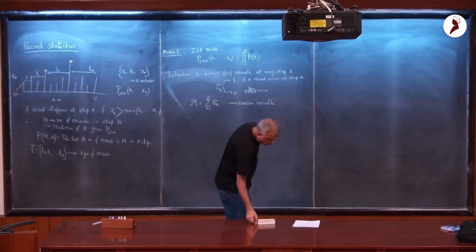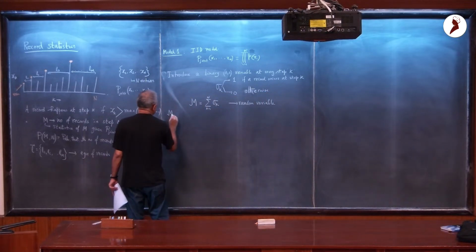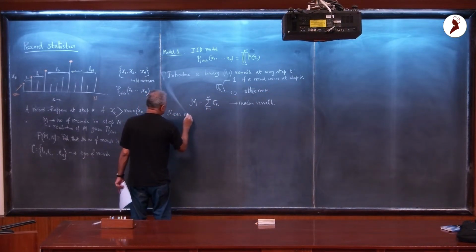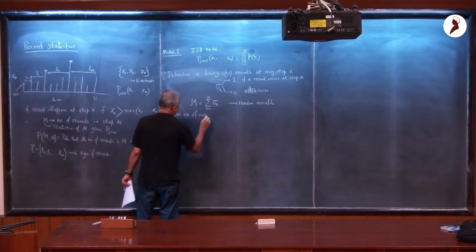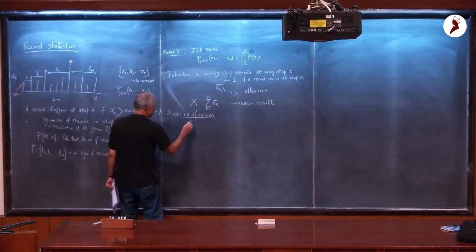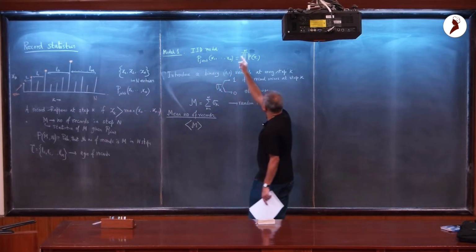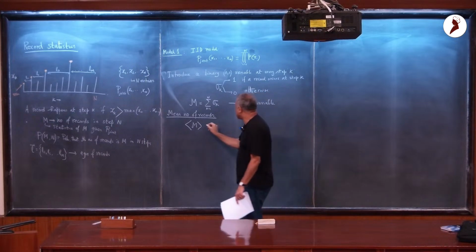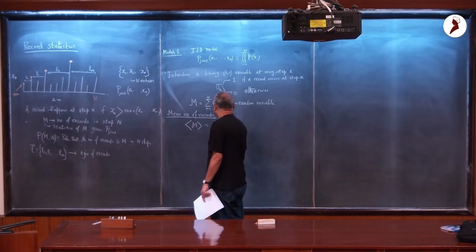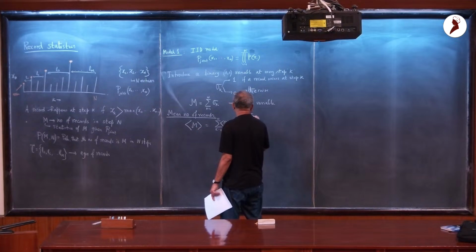Okay, so let's start with the simplest thing, the mean number of records. So I have to take an average of this, an average with respect to this joint distribution. So from here, if I take the average, where this average of sigma k is usually called the record rate.